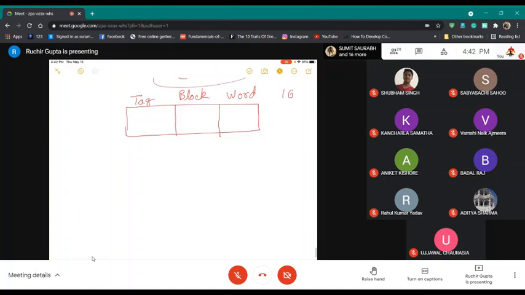So to figure out which word it is in the block, how many bits are required? अगर 16 वर्ड्स का ब्लॉक है तो हमको ये 4 bits चाहिए, right? And cache memory is of how many words?